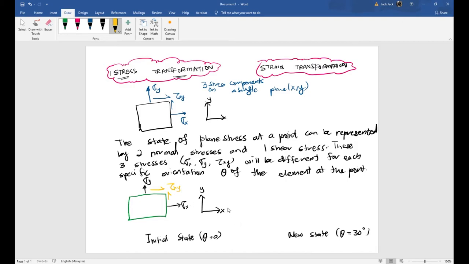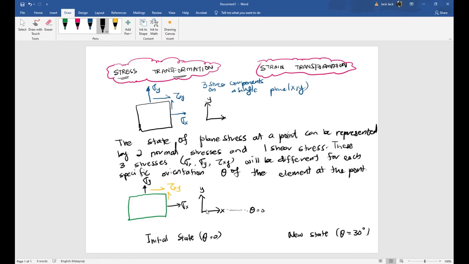At this initial state, theta is equal to 0. Where is theta defined? Theta is defined here, on this horizontal plane. At this position, theta is equal to 0.